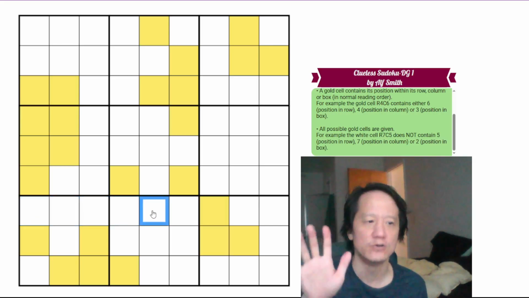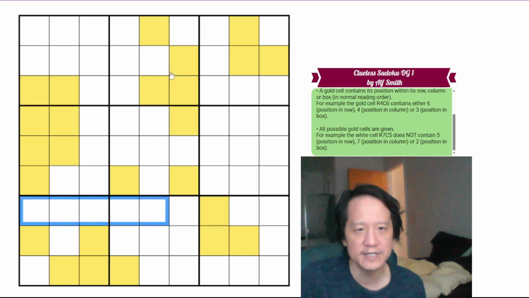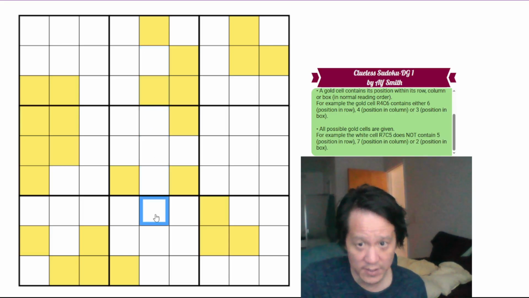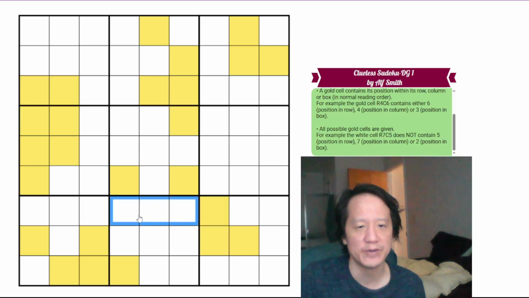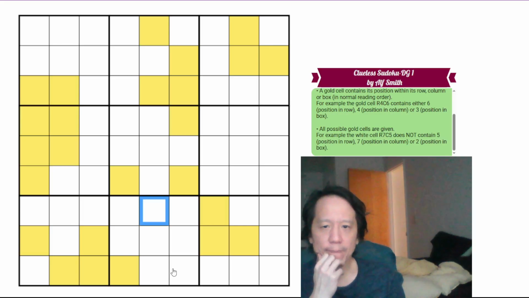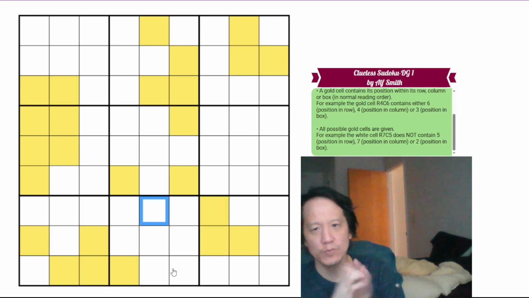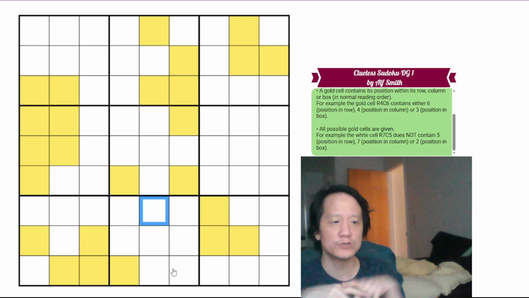Since it's not gold, it cannot contain that digit. It can't contain its position in the column, 1, 2, 3, 4, 5, 6, 7. And it cannot contain its position in the box, which would be 1 and 2. So remember this negative constraint, because that is very important.